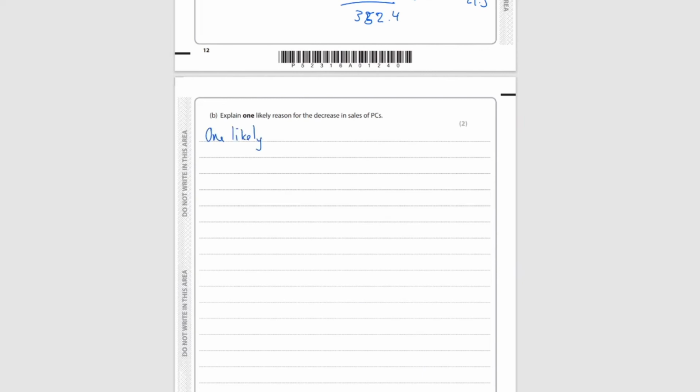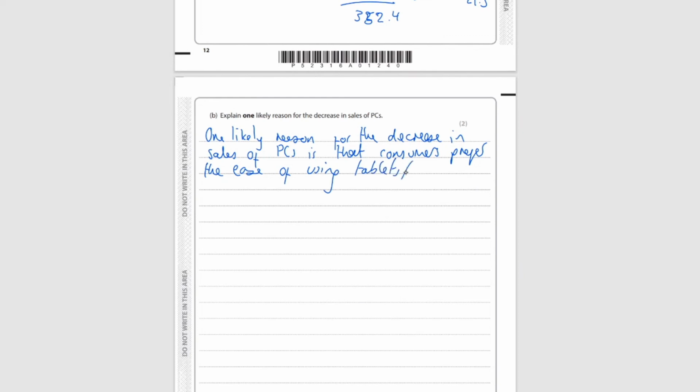So one likely reason for the decrease in sales of PCs is that consumers prefer the ease of using tablets/smartphones which you can use anywhere rather than just at home.